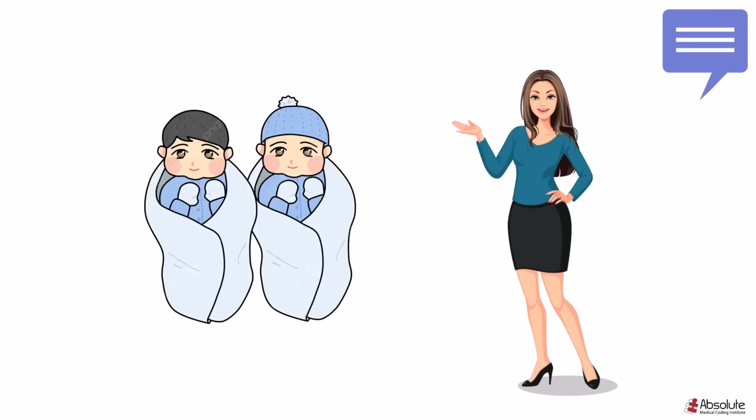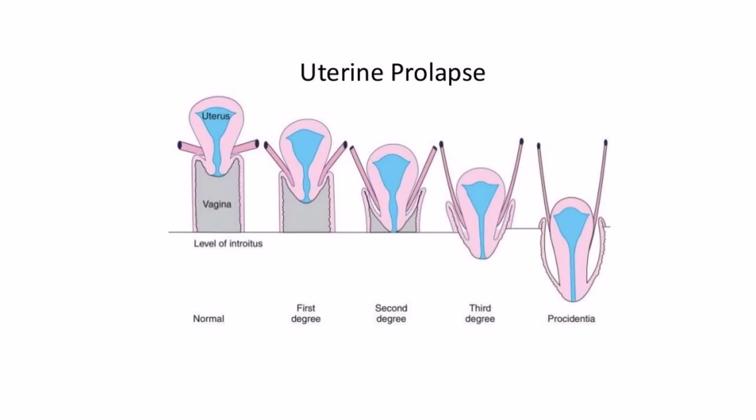First, let's talk about uterine prolapse. Uterine prolapse is a condition when the uterus descends into or outside of the vagina. And this level that you see here, the level of the introitus, is the area where the urethra is.